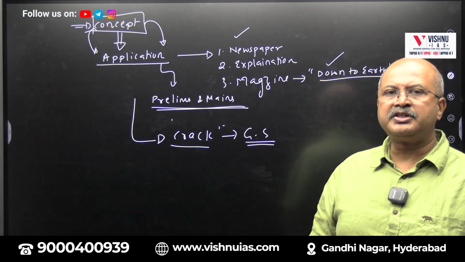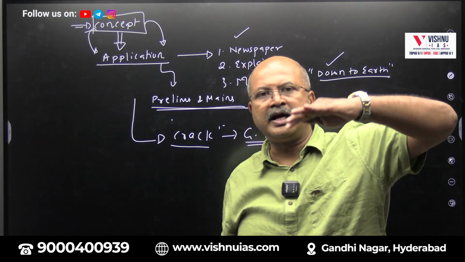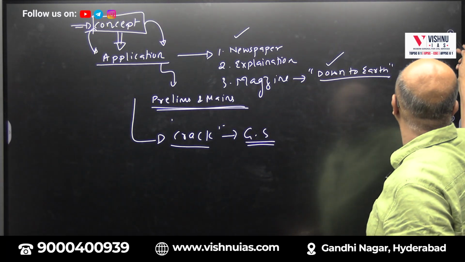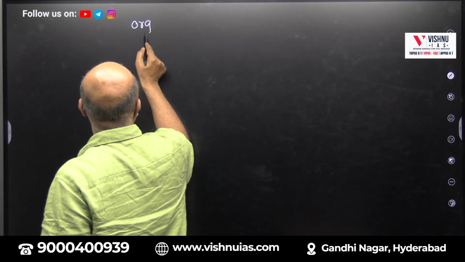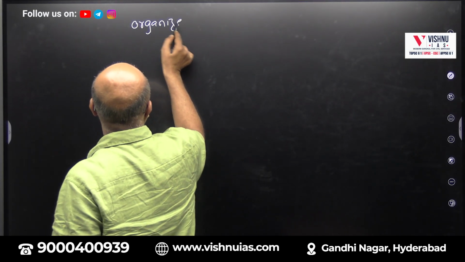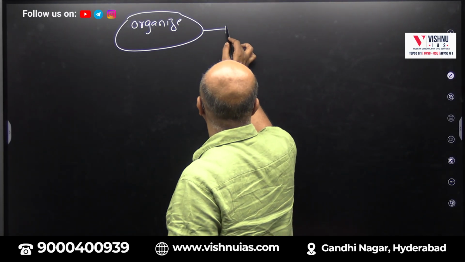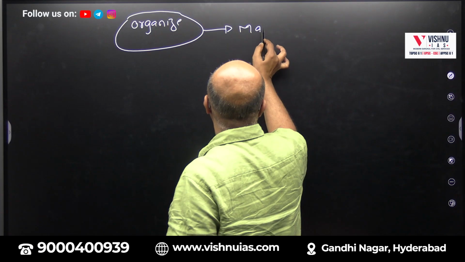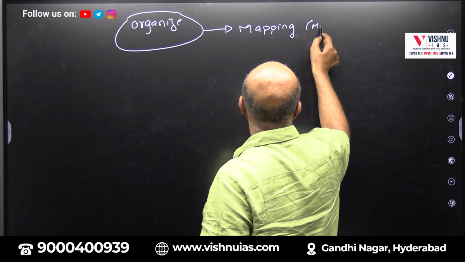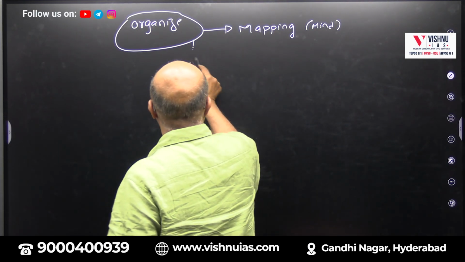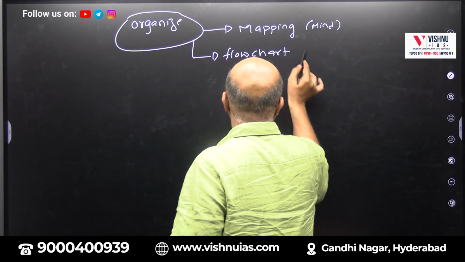Now, the major challenging aspect is organizing all this. You may read it in isolation. The major challenge is organizing this. How do you organize that? This organizing is associated with mapping them, what we call mind mapping, or you are creating a flow chart.